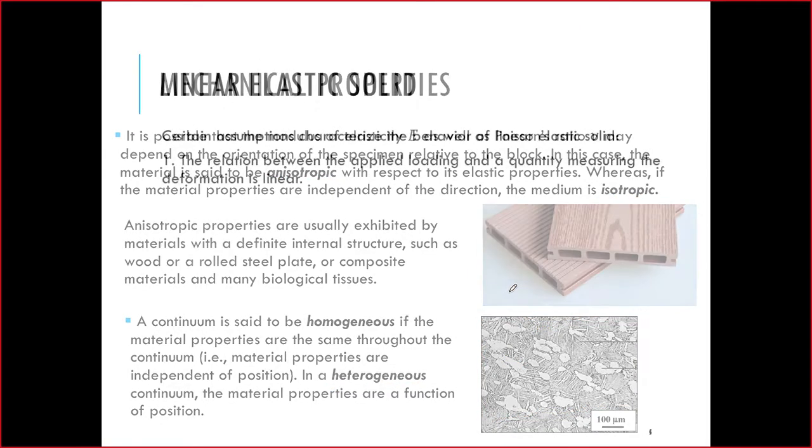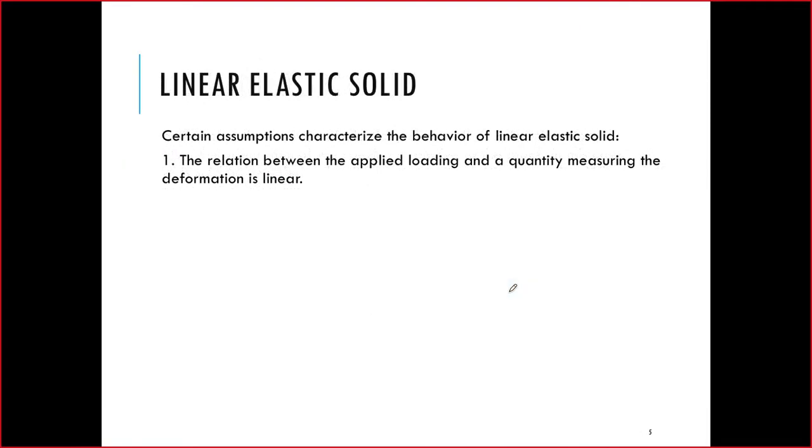Okay, so let's now describe some of the things that we've already discussed for the linear elastic isotropic material. So we saw that generally speaking, in those tests we did, for the uniaxial case, we were getting a linear response.